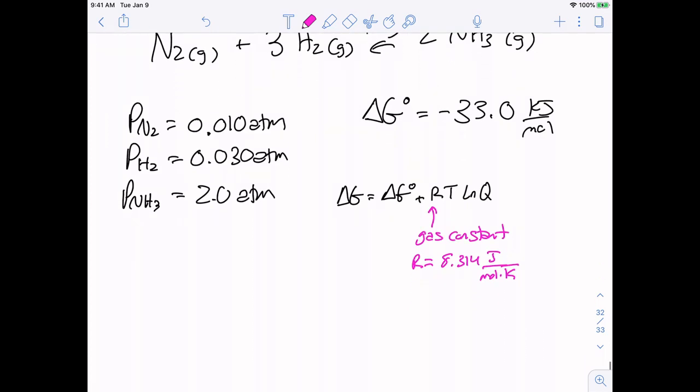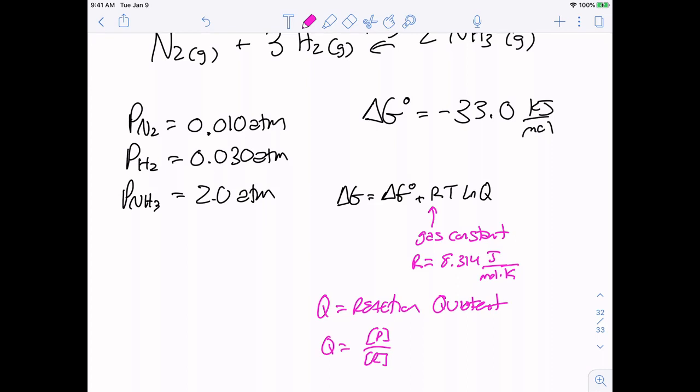Q is our reaction quotient, which I've totally forgot how to spell, reaction quotient. Remember, this is our concentration of products over our concentration of reactants, and then we're raising them to powers equal to our coefficient, right?